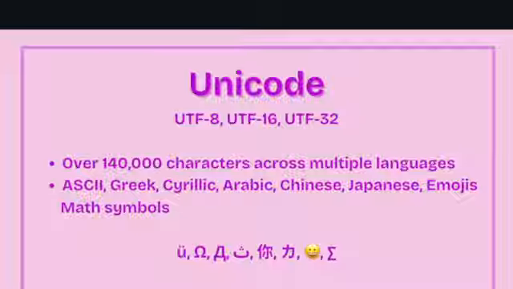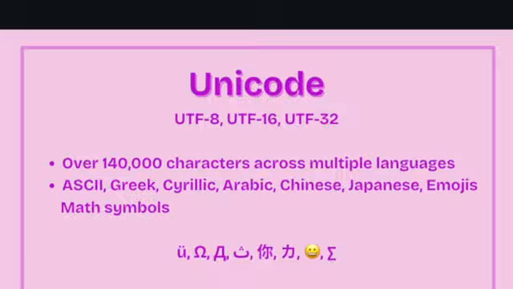And Unicode covers not just the ASCII values, but characters from other languages, emojis, and math symbols that you don't typically see on your keyboard, like Sigma. And this is the standard for what you should be using in your real life programs, not just because of the other languages, and if you're making an application that can be used globally, you're going to want to be able to intake characters from other languages, but also for emojis.